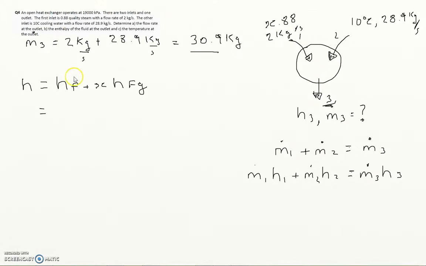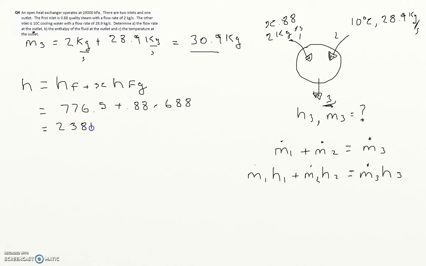I'm going to put these away. So H is going to be 1776.5 plus 0.88 times 688, and if I work out that calculation, I get 2381.94 kilojoules per kilogram. That would be my H1 value.